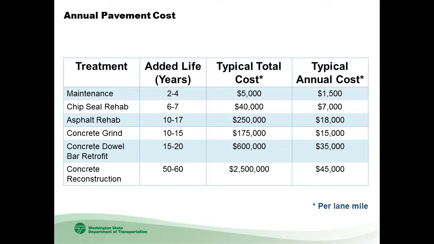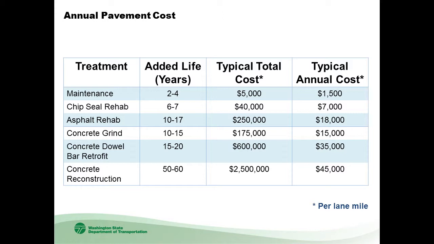Another thing you can see here, similar to John's, is that the chip seal on an annual cost basis is 2 to 3 times less expensive than an asphalt pavement resurfacing. So based on this, we've implemented a program in Washington State.